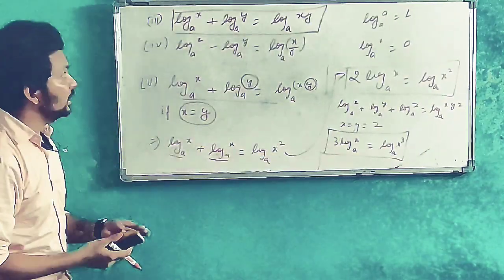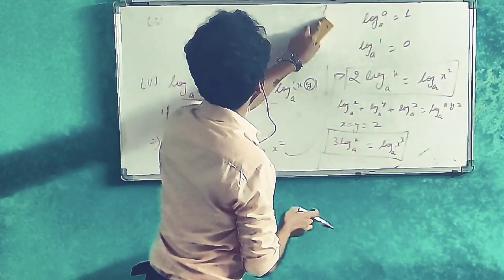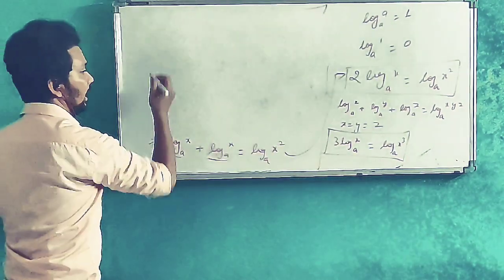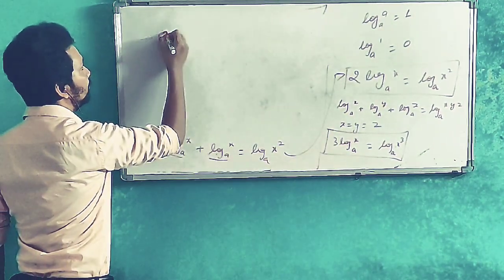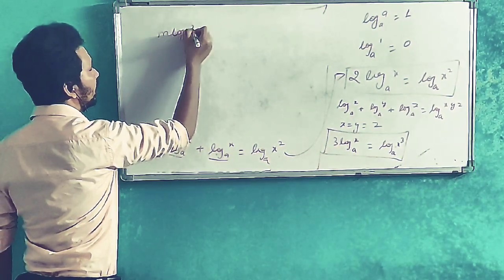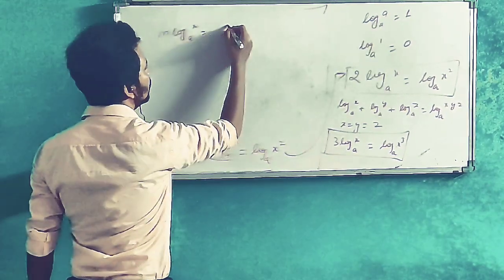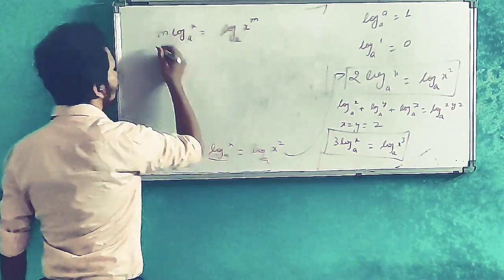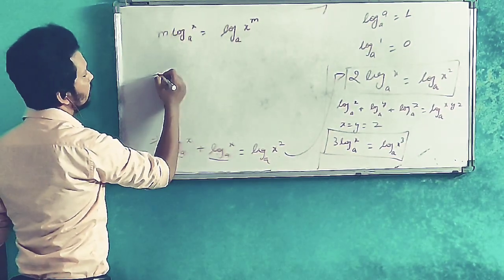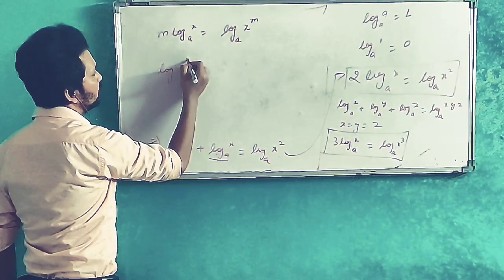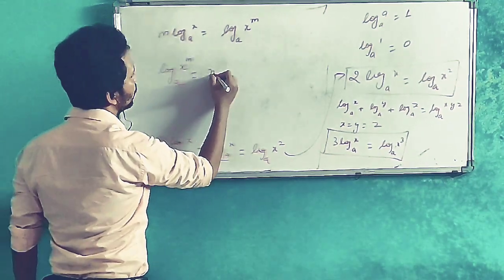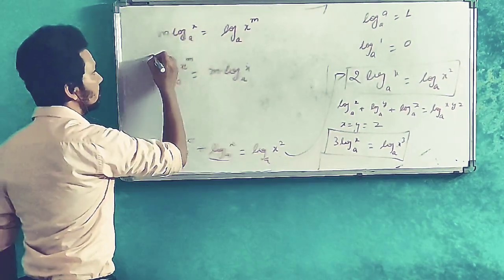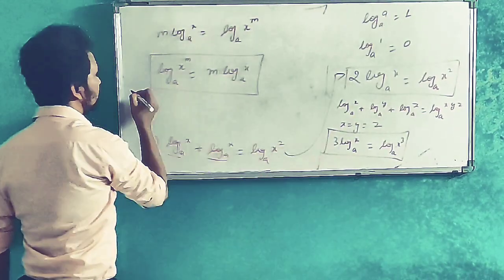Again, if I use m terms, then what will I get? I will get m into log x base a is equal to log x raised to m base a. Now I can rewrite this as log x raised to m base a is equal to m into log x base a. This is my fifth property.